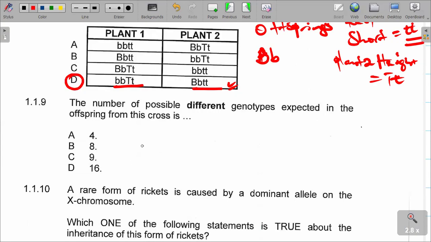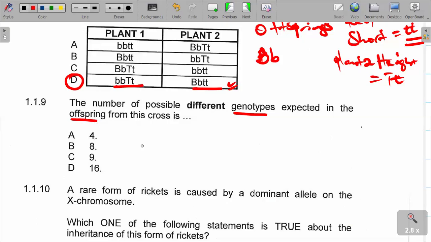And then the number of possible different genotypes expected in the offspring. The number of possible different genotypes expected in the offspring of this cross.